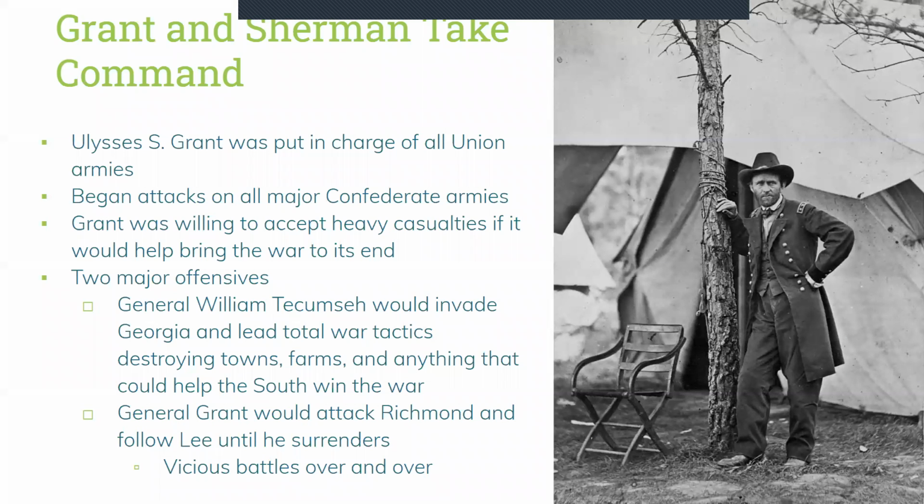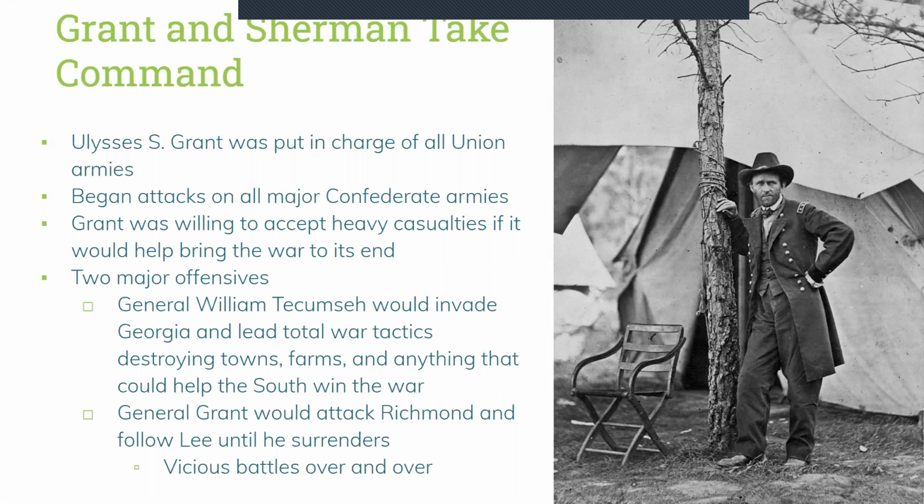Now, Grant, who won the Battle of Vicksburg, was well liked by Abraham Lincoln. He becomes the most popular general in the army, and he is put in charge of all Union armies. And so he begins attacks on all major Confederate armies. He knew that it would lead to heavy casualties, but he also knew that it would lead to the end of the war.